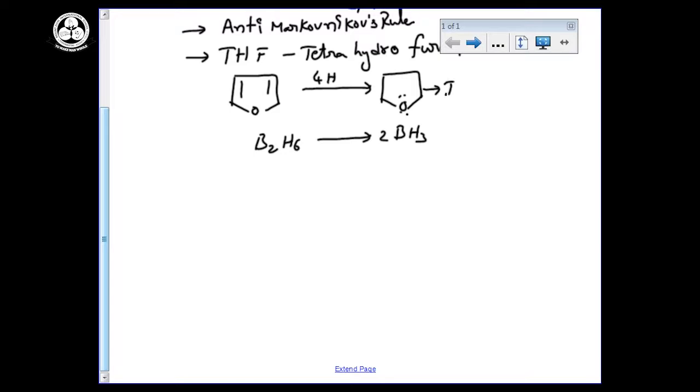The main role of THF is that it can control the dimerization of BH3. Now see the mechanism for this reaction.